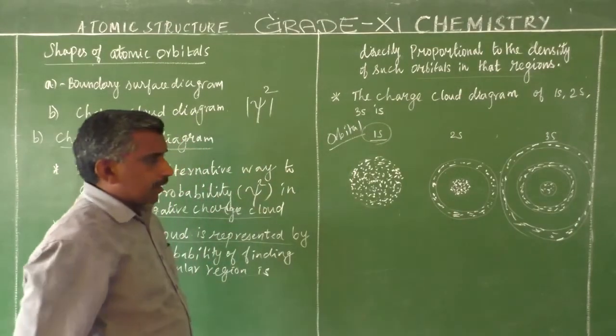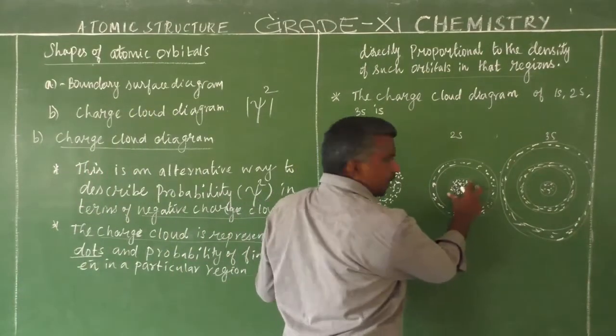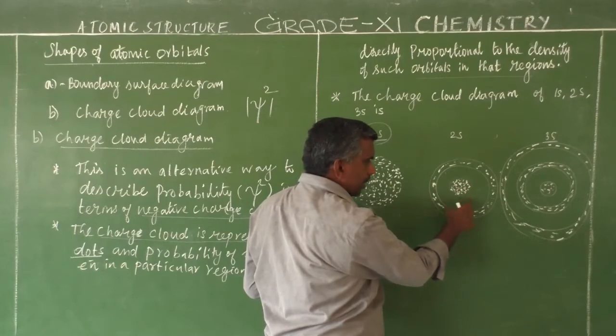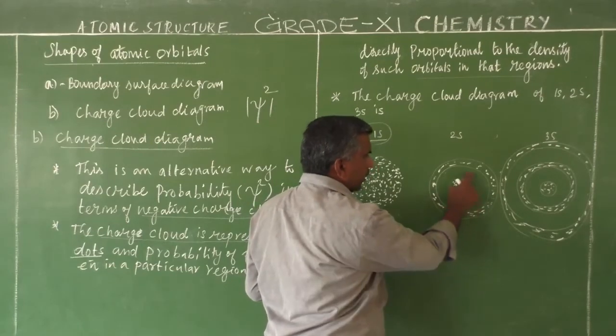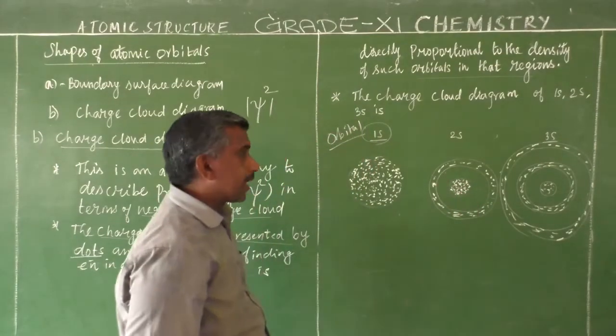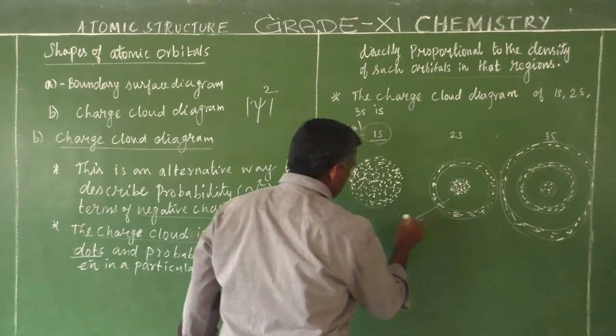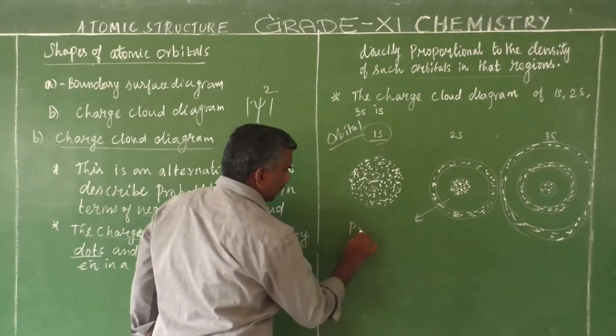Now the 2s orbital. In the center, the electron is present, and then there is a gap here where the probability of finding the electron is 0.